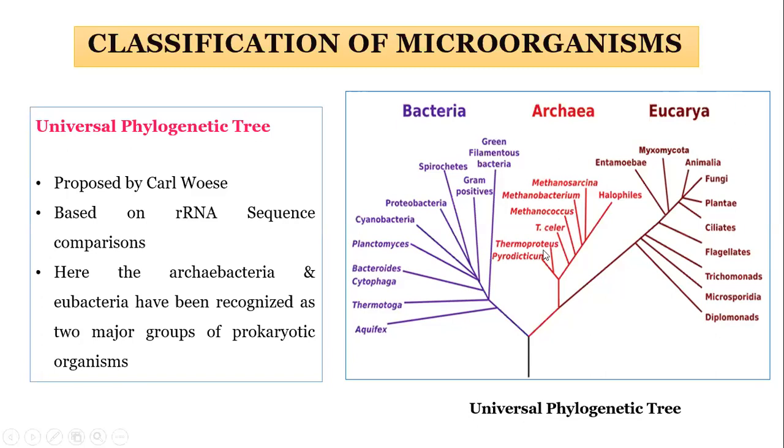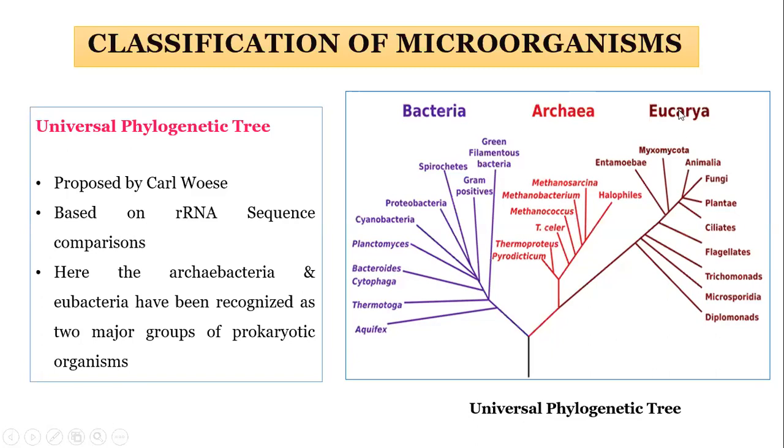They include Pyrodictium, Thermoproteus, Thermococcus celer, Methanococcus, Methanobacterium, the methane producing bacteria, Methanosarcina, and halophiles. Halophiles grow at high salt concentration. So based on their survival and the physical conditions required for growth, these archaebacteria have been categorized.